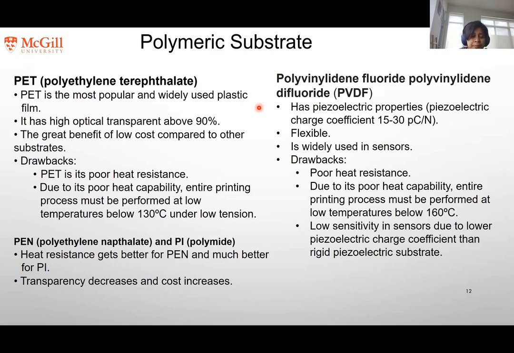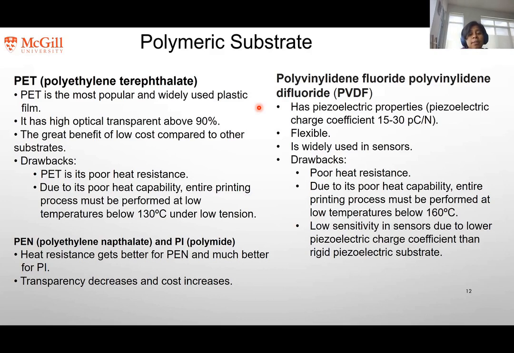The benefit of using PET is its low cost compared to many other polymeric substrates. However, it has a few drawbacks, and the main drawback is heat resistance. We cannot really heat them up more than 130 degrees Celsius.